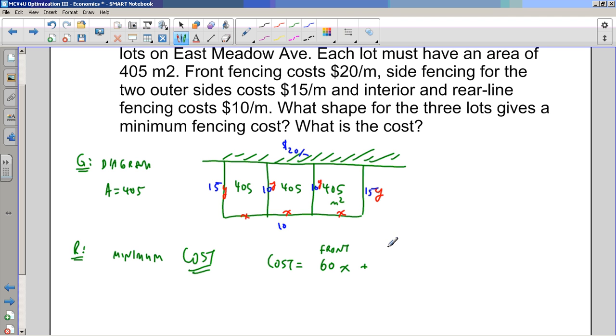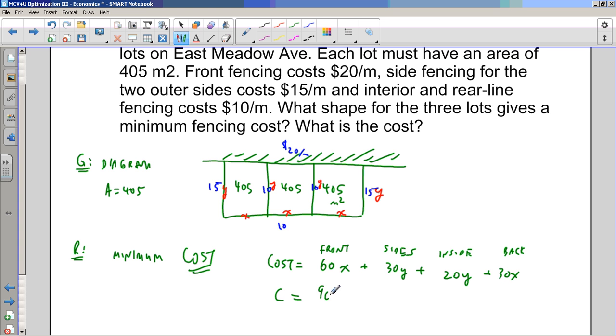The sides is 15Y and 15Y. That's 30Y altogether. Plus the inside. We could put the inside and the back together, I suppose, but that's inside and inside is another 20Y. Plus the back is 10X, 10X, 10X, 30X altogether. Collect those up.